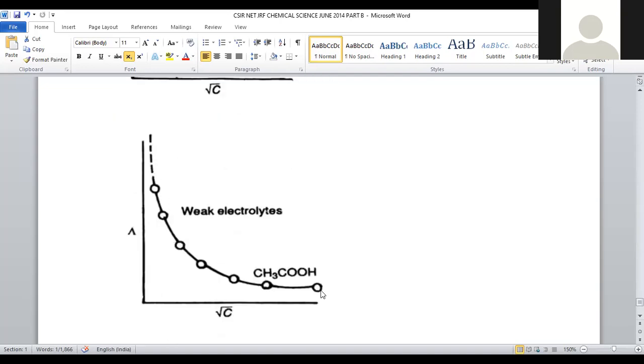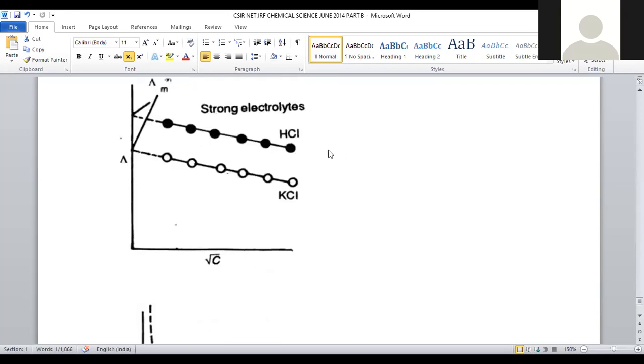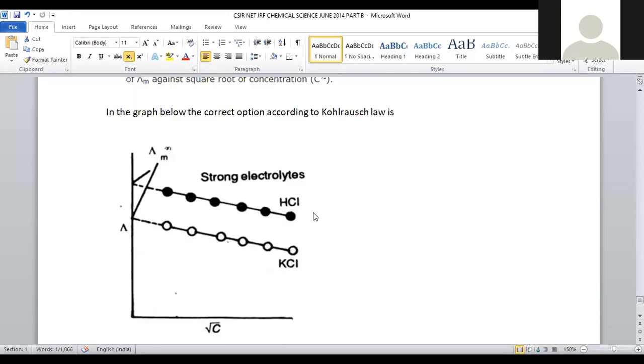If the electrolyte taken is a weak one, a weak electrolyte is nothing but partial ionization. In case of a weak electrolyte, you will get a curvature when plotting the graph between molar conductivity and root of concentration. So a curvature is obtained for the weak electrolyte, and a straight line is obtained for the strong electrolyte.